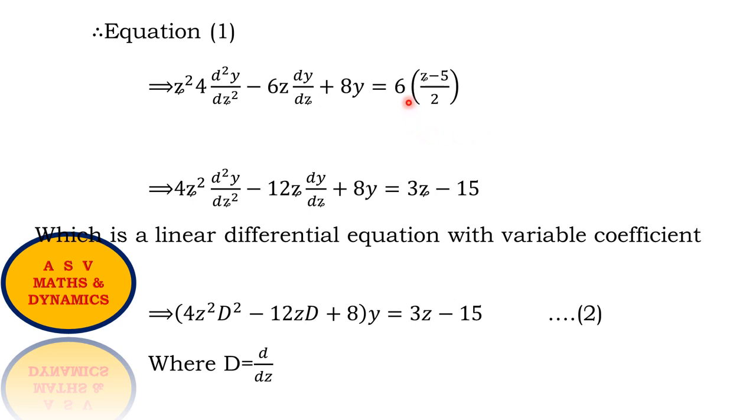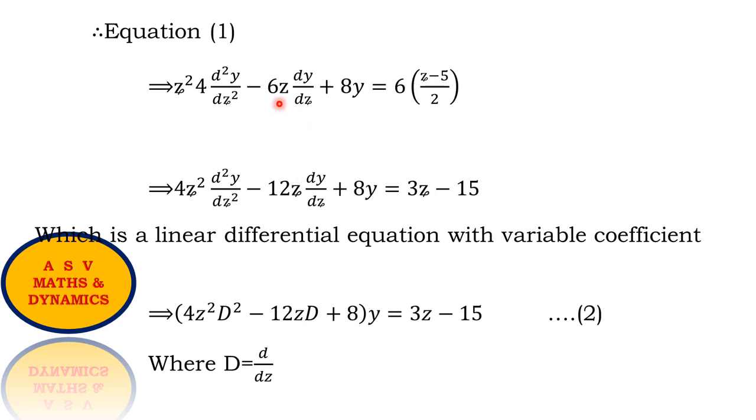We substitute the values. After that, in this case, you want to simplify. In the constant, you have to write 4z squared d squared y by dz squared minus the 2. You see here one more 2 is there, because d by dx equals 2 d by dz.